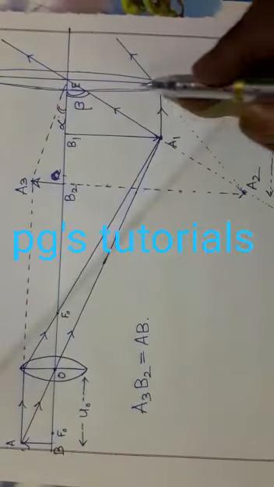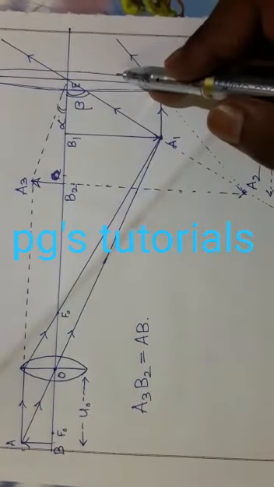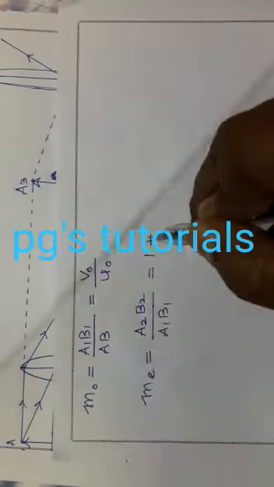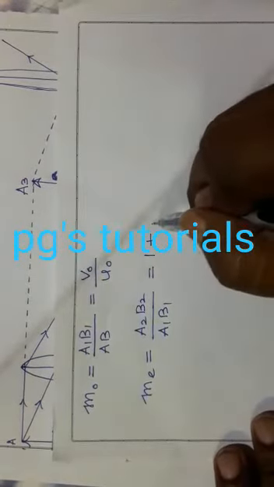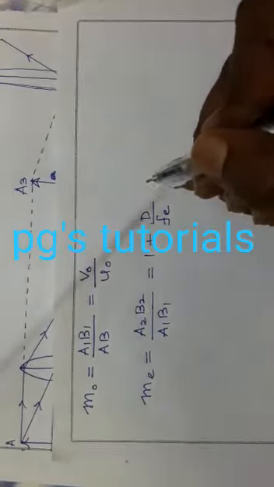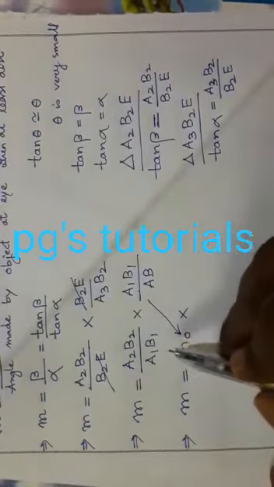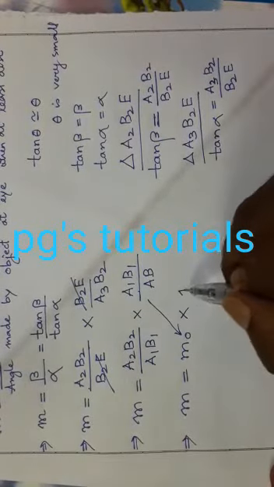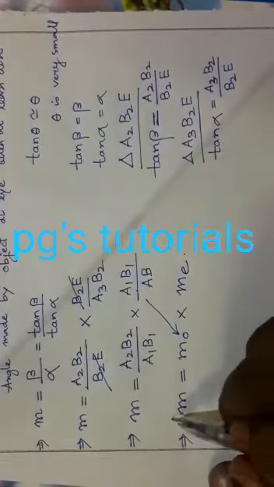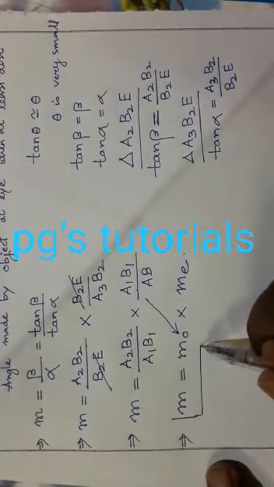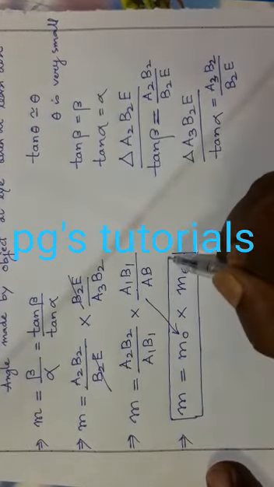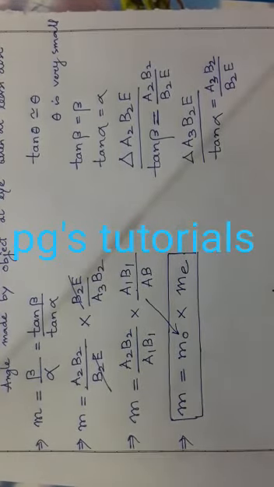Since this eyepiece is behaving like a simple microscope, we'll use the expression for magnification of simple microscope, that is ME equals 1 plus D by FE. So A2B2 by A1B1 is ME. This is the formula for magnification of a compound microscope, that is M equals MO into ME.